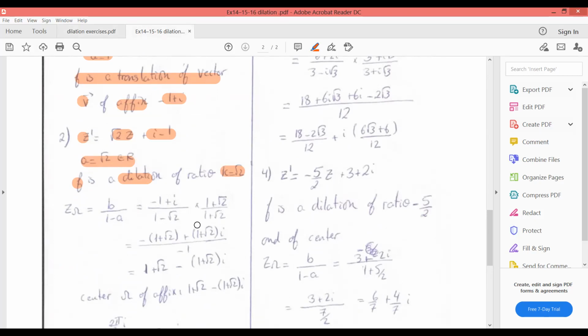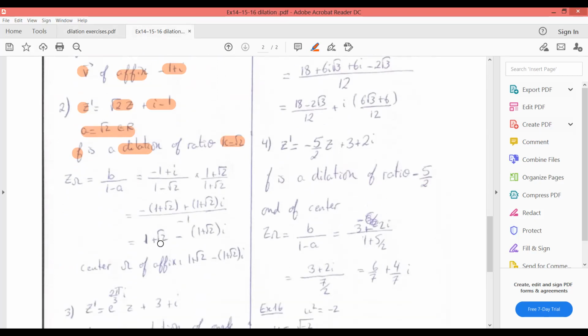We rationalize, so we get 1 plus radical 2 minus 1 plus radical 2 i. So center omega of affix 1 plus radical 2 minus 1 plus radical 2 i.